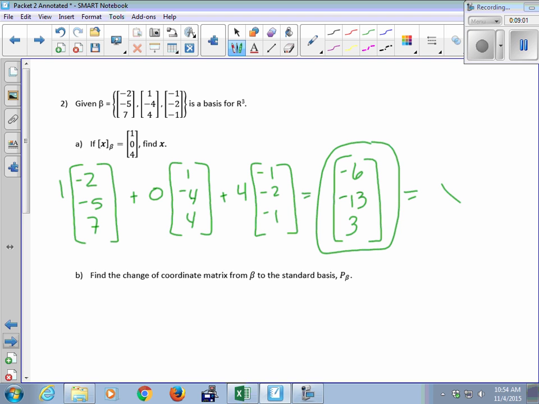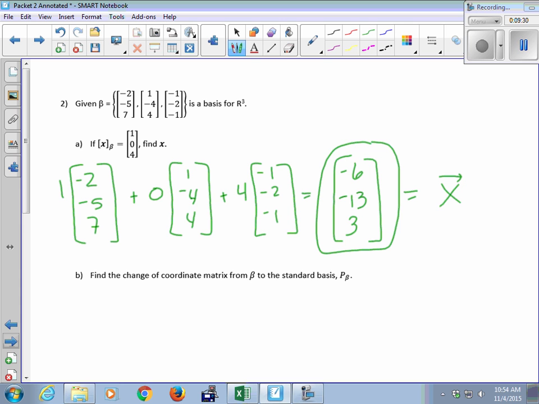This equals x. So that's in R3, right? This is my original point in R3, using your standard basis. And then I gave you an alternative basis here, and then I gave you the coordinates under the alternative basis, and those just mean what weights do I put on those vectors to get the original back.